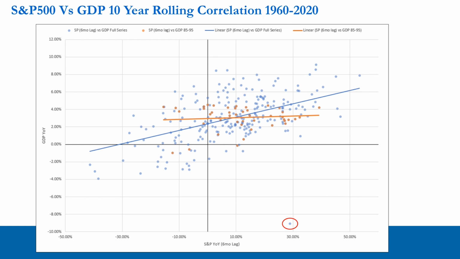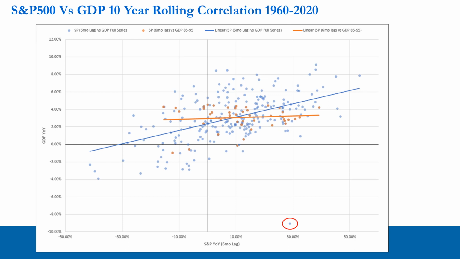Now, if we look at the dark blue line, this is the correlation number between the line of best fit for the correlation of the S&P 500 versus GDP, the full data series. And we can see from left to right, it's an upwardly sloping curve. It's a positive curve.